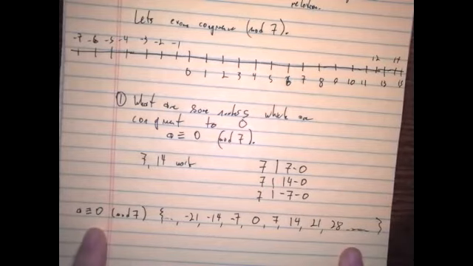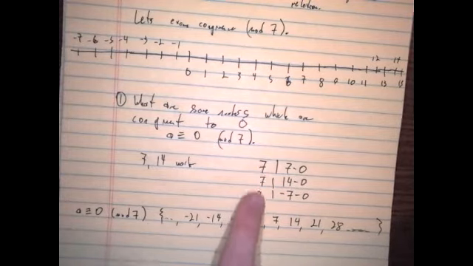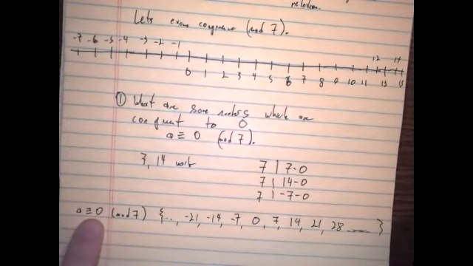So what does it mean to be congruent to 0 mod 7? Yeah, exactly. Being congruent to 0 mod 7 is the same thing as being a multiple of 7. And you can read that straight from the definition. If A is congruent to 0 mod 7, that means 7 divides A minus 0, or 7 divides A.